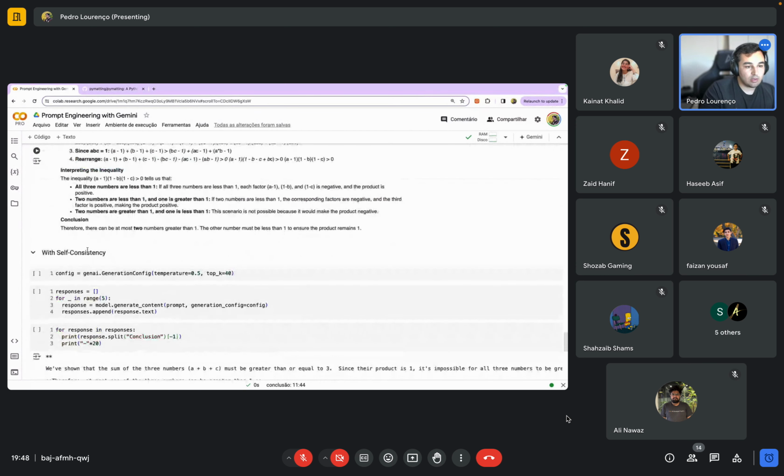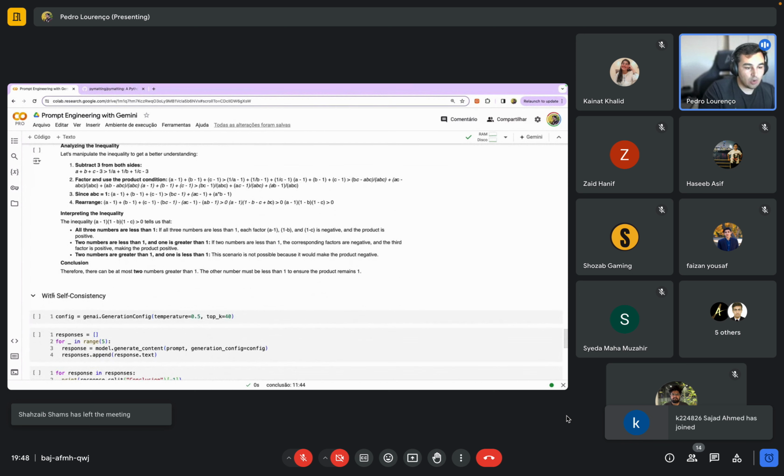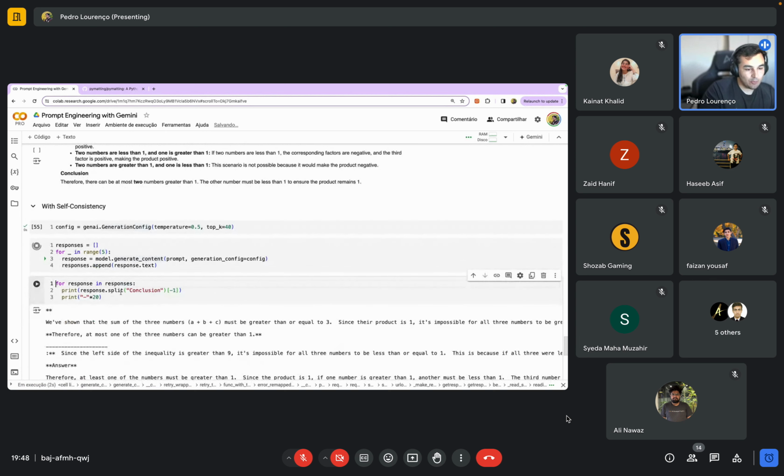I'm creating the generation config here, and I'm asking the model 5 times the same prompt. I will run this and print the responses so we can all see and make the aggregation ourselves. Oh, sorry, I didn't run the prompt here.